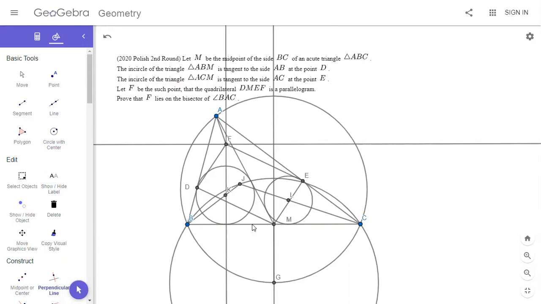Just thinking here. So what would that mean?